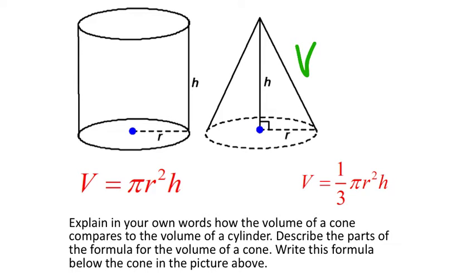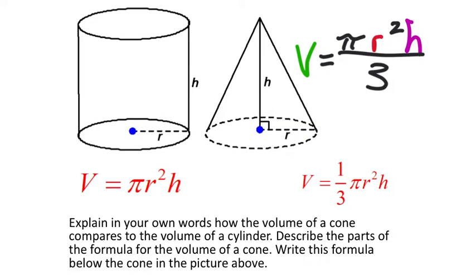So when I show volume for cones like this, again, we're going to keep the same formula for the cylinder, pi times the radius to the power of 2 times the height. But I would then show it as all over 3 like this. So I use the N over D button. You can use 1/3 if you'd like, and then just use multiplication straight across. It's not going to matter. You'll end up with the same answers either way, all right?